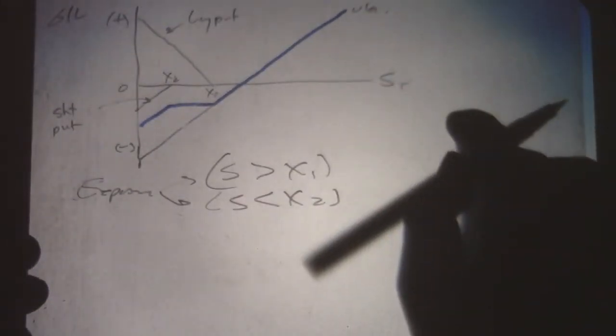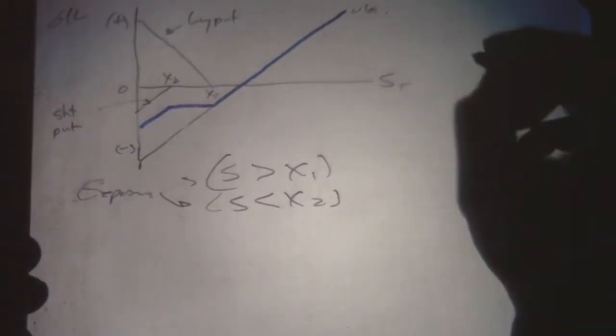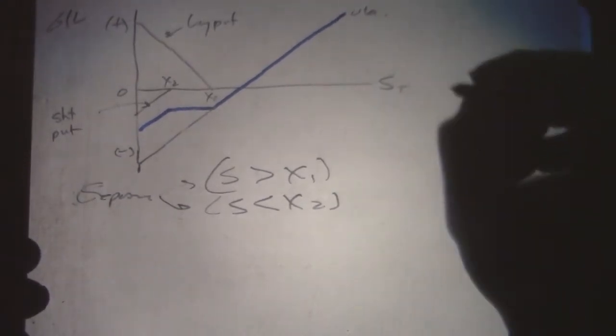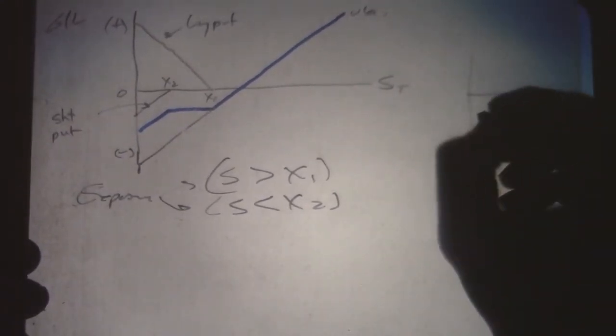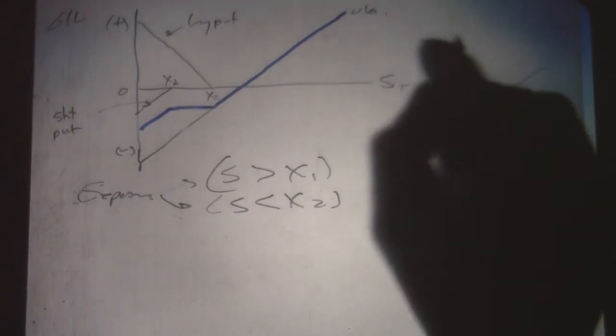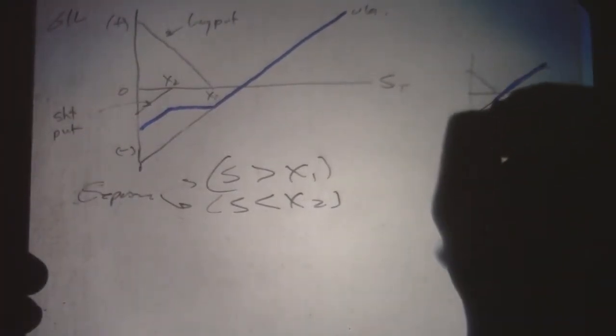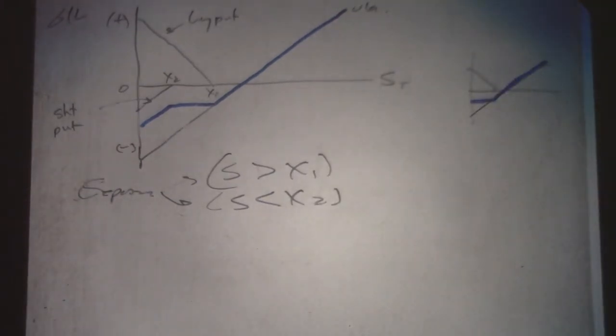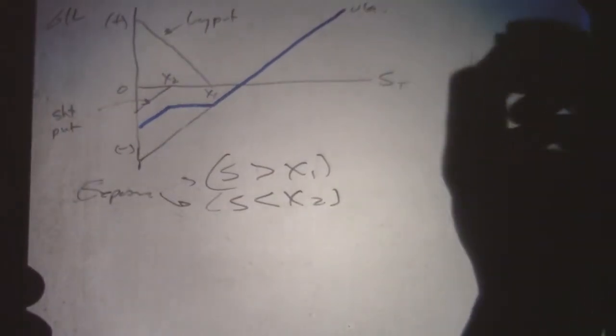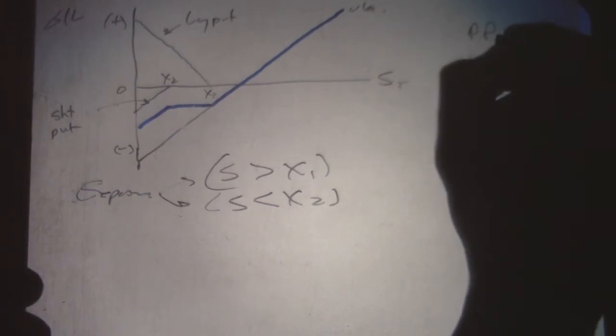Okay, so quick advantages, disadvantages. I want to write, you know what, protective put. I mean, it's so easy. So just let me write it again. Protective put. So this is our put spread, and this is our PP, our protective put.